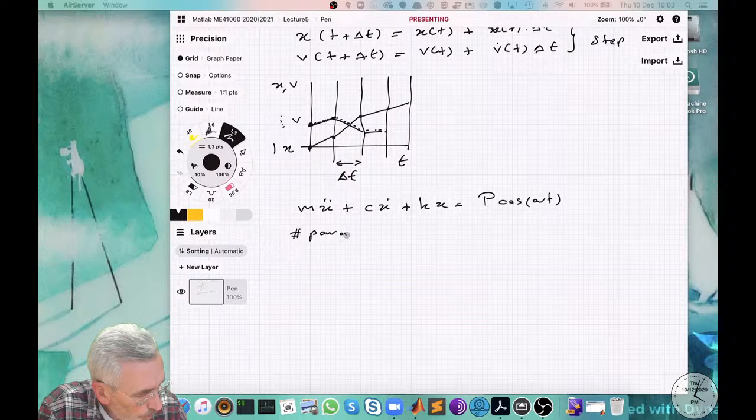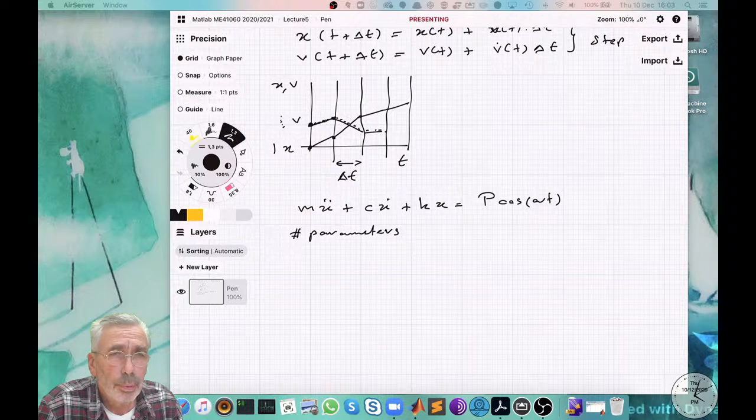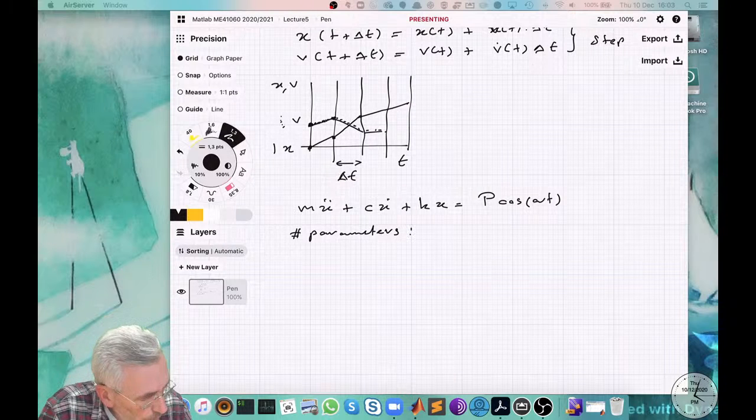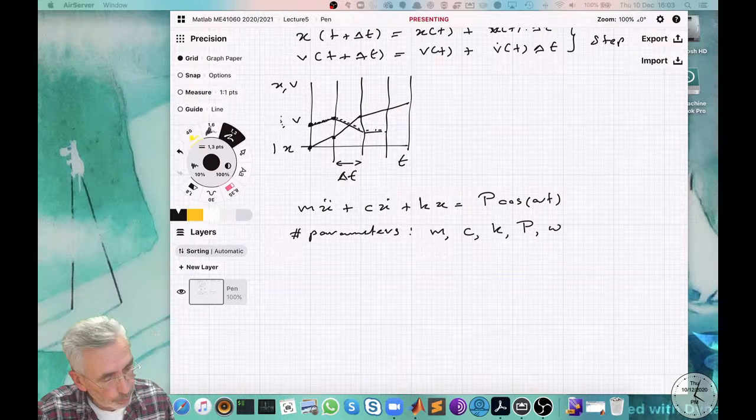By that I don't mean position or time. That is not the parameter, but I mean how many physical constants are there in play. Well, we have the mass, the damping constant, the spring stiffness, an amplitude of forcing, and a frequency omega. So in total, we have 5 parameters.